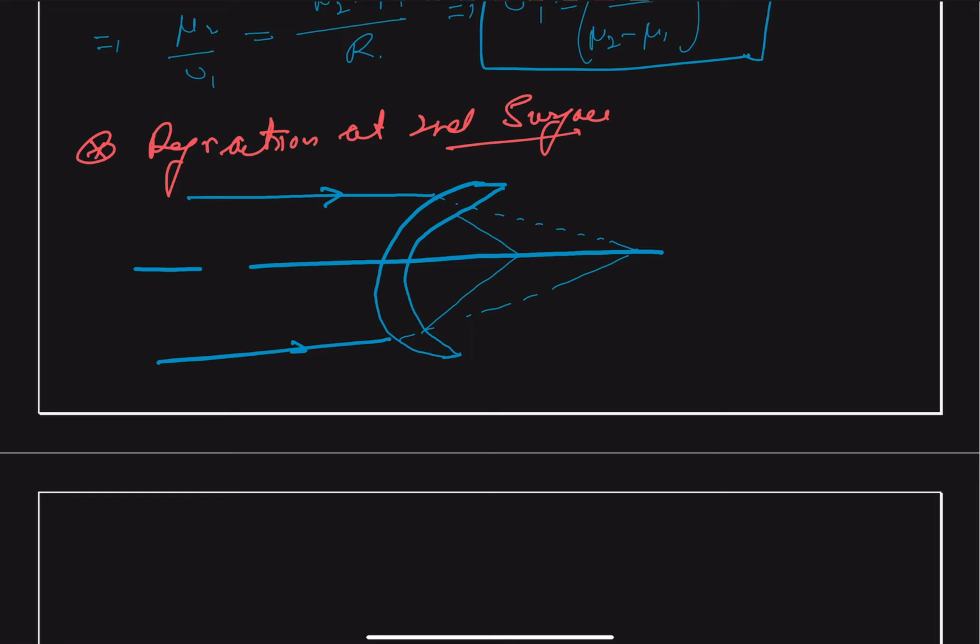Let us suppose this was our I1 and we call this I2. So this distance is, let us suppose, our V2.